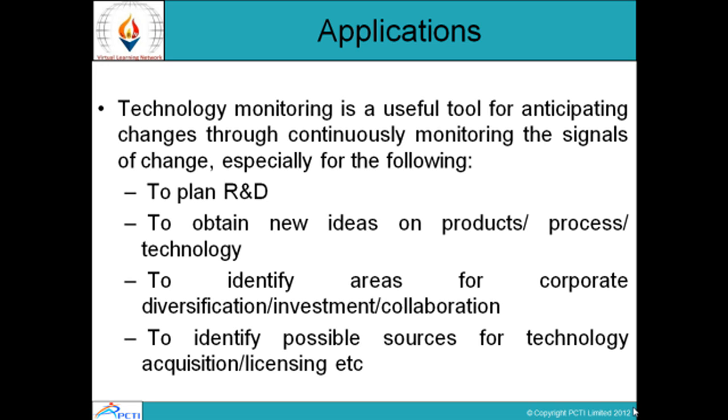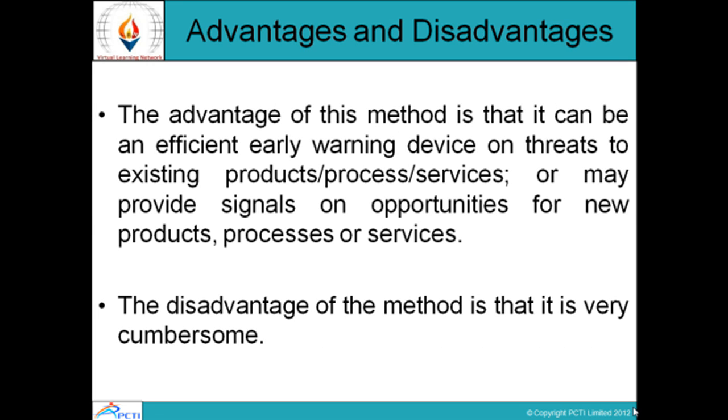Fourth is to identify the possible sources of technology. What are the advantages and disadvantages? The advantage of this method is that it can be effectively used, and it can be taken as a signal on opportunities. The disadvantage is that it is very cumbersome.